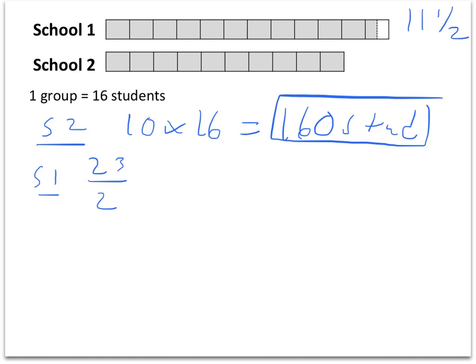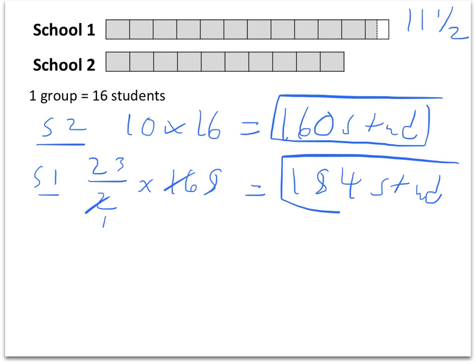So school 1 had 23 halves groups, and we'll take that times the 16 students in a group. So we'll simplify this, 1 and 8. If we take 8 times 23, do that arithmetic, we're going to have 184 students. So there's our answer. School 1 had 184 students. School 2 had 160 students.